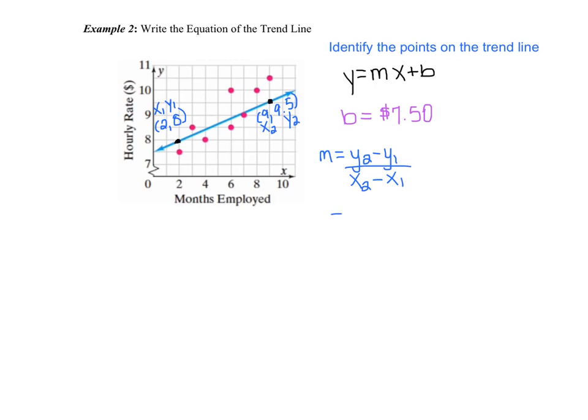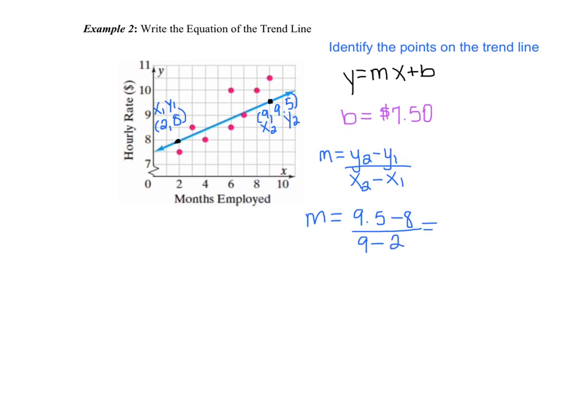So now let's plug it into the equation. m equals our y2 is equal to 9.5 minus our y1 is equal to 8 over our x2 is equal to 9 minus our x1 is equal to 2.